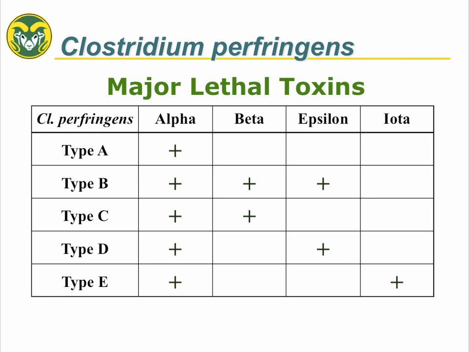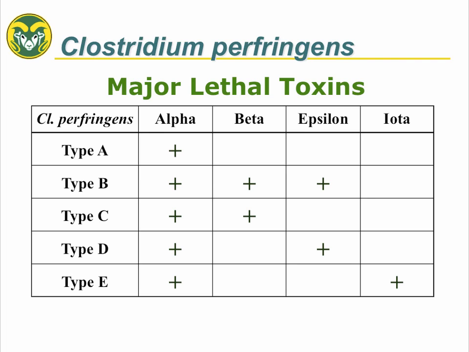One way to remember, and I'll put this in here as we go on later and talk about vaccines: when we talk about Clostridium perfringens vaccines, we have type C and type D, so our Clostridium perfringens C and D toxoids. The primary immunogens in those vaccines are the beta toxin and the epsilon toxin.